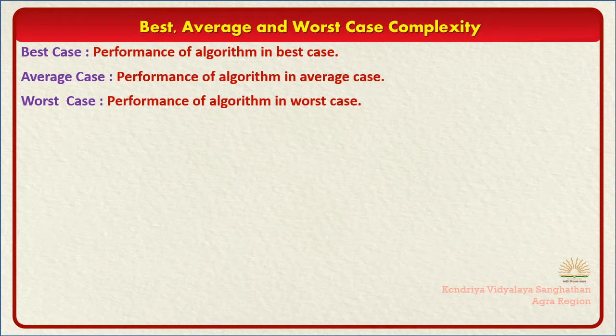Normally, whenever we are studying complexities in algorithms, we always talk about worst case complexity, unless it is specified whether we have to calculate for best, average or worst case. If it is not specified, then we will go for worst case only. So normally all the complexities are expressed in terms of worst case only until it is specified.